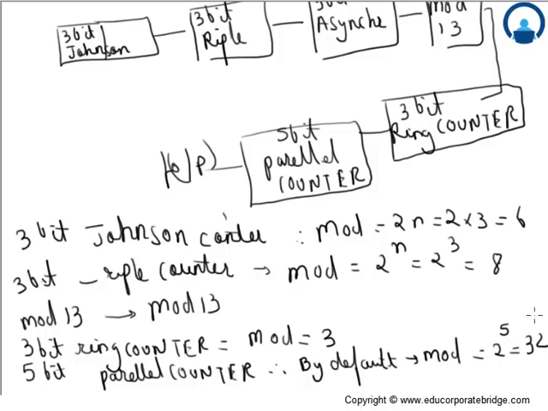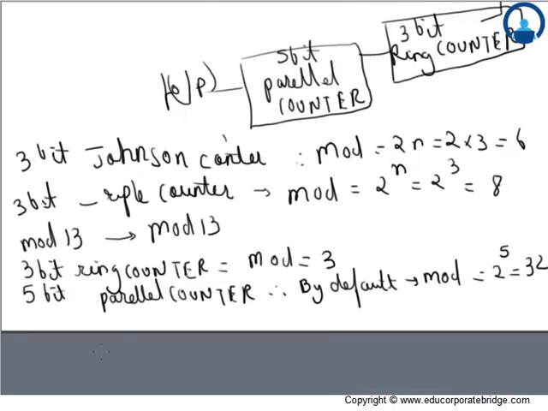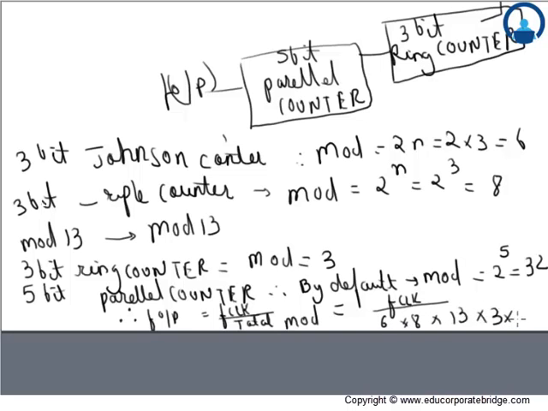The output frequency will be the input frequency, which is 1 megahertz, divided by the multiplication of all the moduli. So F output is equal to F clock upon the total modulus, which is found by multiplying each stage: 6 into 8 into 13 into 3 into 32.